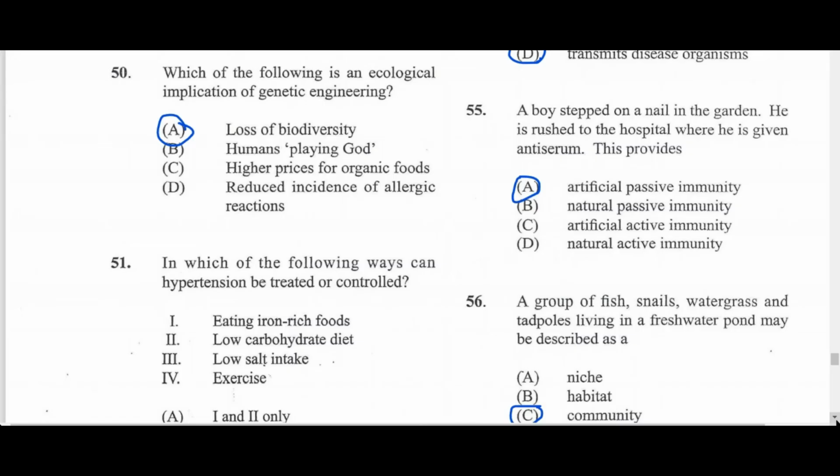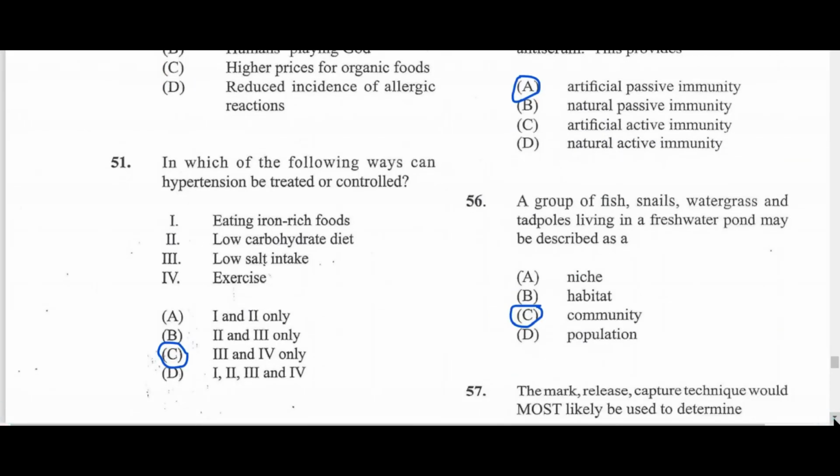51. In which of the following ways can hypertension be treated or controlled? Eating iron-rich food, low carbohydrate diet, low salt intake, exercise. I went for exercise and low salt intake.